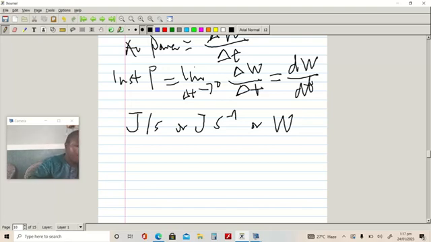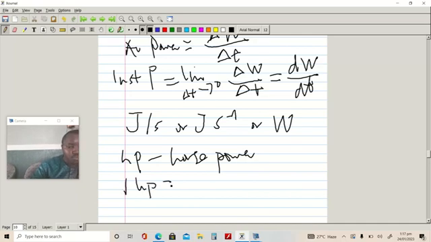A large unit of power is what we call horsepower. So big power is measured in horsepower, HP. 1 horsepower is equal to 746 watts. Don't forget this: 746 watts.